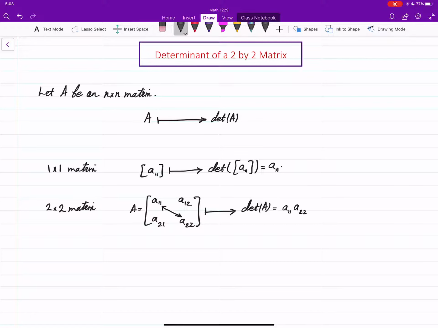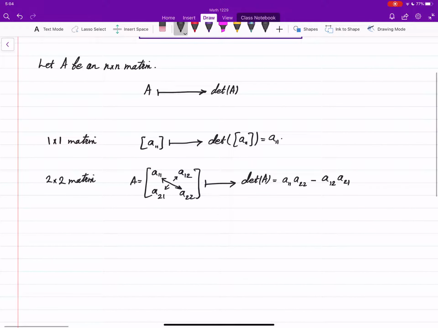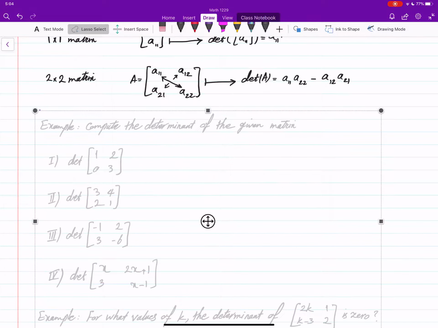Then subtract from that the product of off diagonal entries, so A12 times A21. Multiply diagonal entries minus off diagonal entries. Okay, this is how we find the determinant of 2 by 2 matrices. For other dimensions, you will see later how it works.